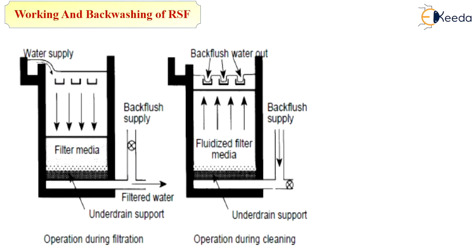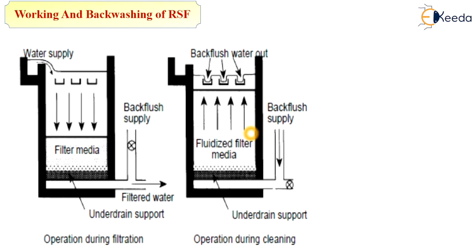Next important is the working and backwashing of a rapid sand filter. As you can see in this diagram, the first diagram is the operation during filtration, where water percolates through this filter media and treated water passes through this outlet pipe. This is the backflush supply, or the valve which is used when water is used for backwashing. The second diagram shows the operation during cleaning, that is backwashing.